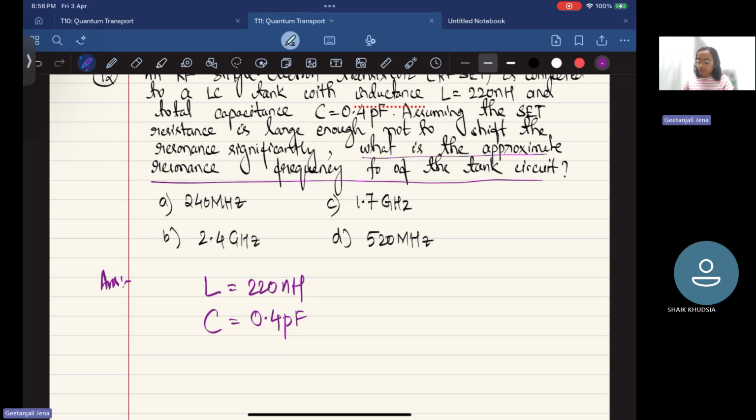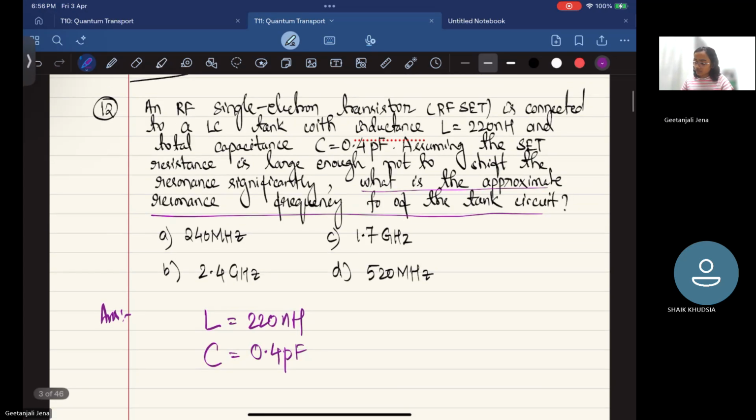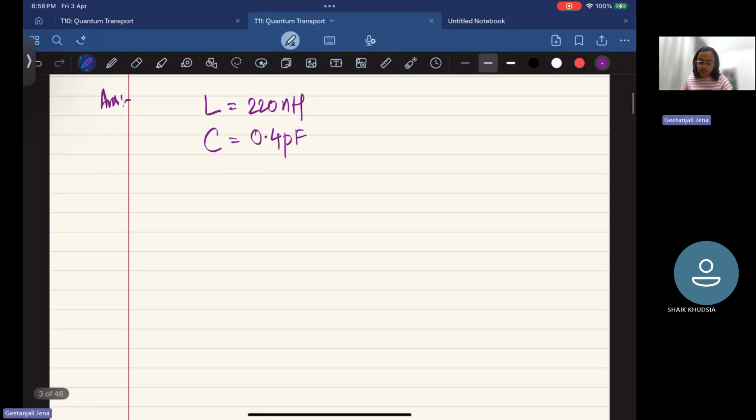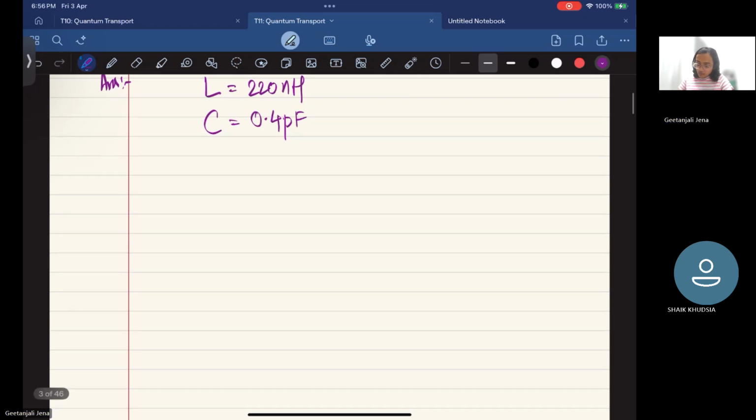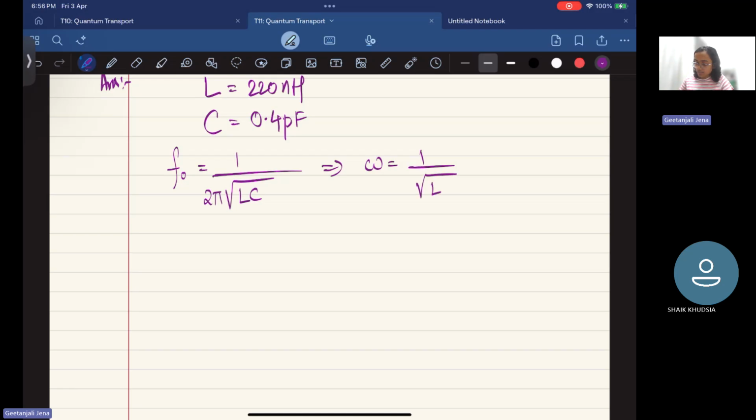Okay. To calculate the resonance frequency of this ideal LC tank circuit, whenever you have an LC circuit, you can write the resonance frequency as 1 by 2 pi root over LC, or omega is 1 by root over LC.